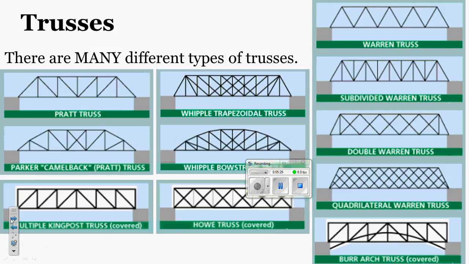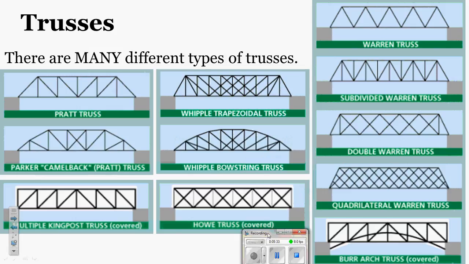And so here are the many different types of trusses. Look at them, how beautiful they are. Just move this out of the way so you can look at them. You got your Pratt truss, your Whipple trapezoidal truss, your Parker Camelback Pratt truss, Whipple bowstring truss, multiple king post truss covered, Howe truss covered.